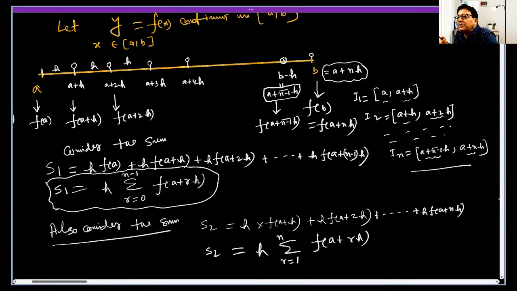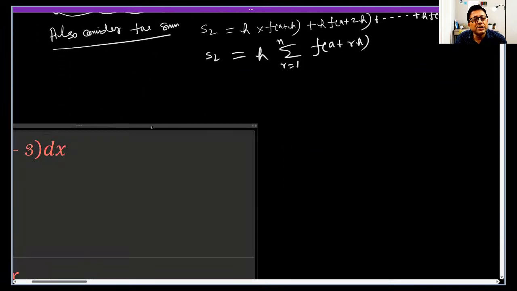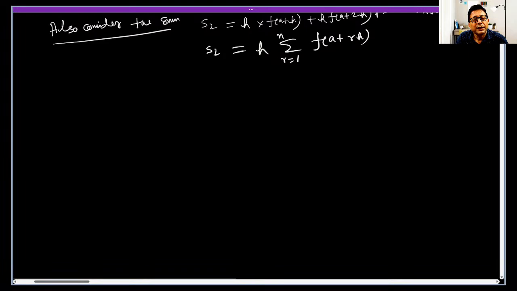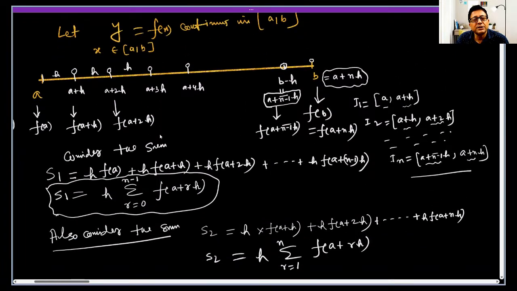When the length of subdivisions is very small, like h tending to 0, so small that the length of subdivisions is going to be tending to 0, or the number of subdivisions tending to be infinite.